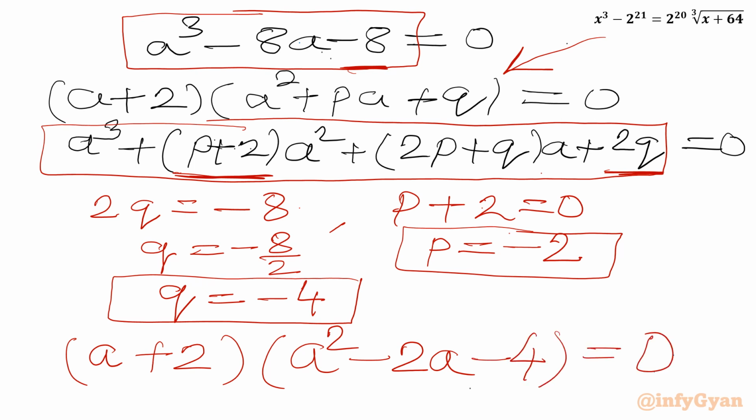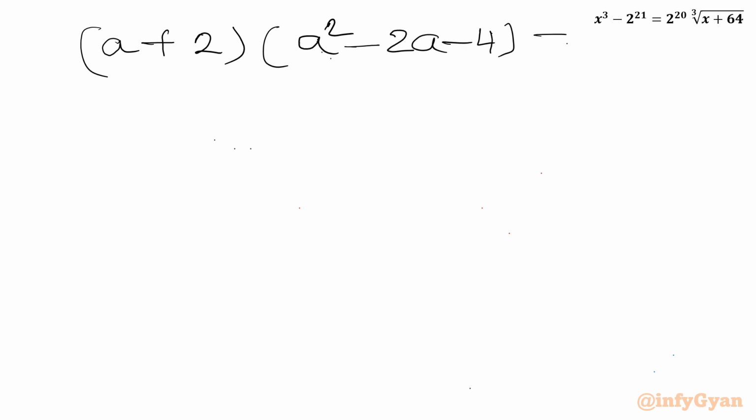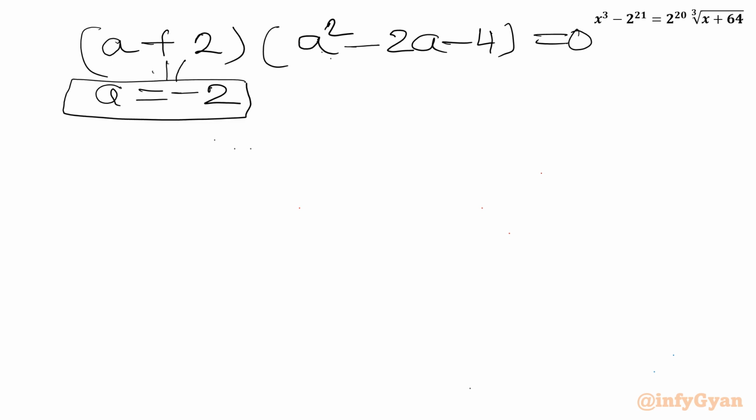Now our task is done. We have to only find factors or roots of the quadratic equation. So I can write a plus 2 times our equation a square minus 2a minus 4 equal to 0. So a equal to negative 2 from a plus 2 equal to 0, and a square minus 2a minus 4 equal to 0.